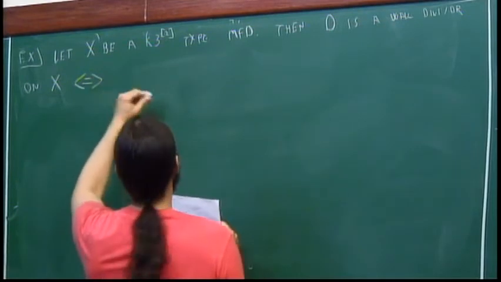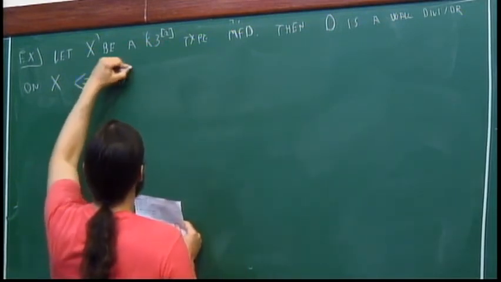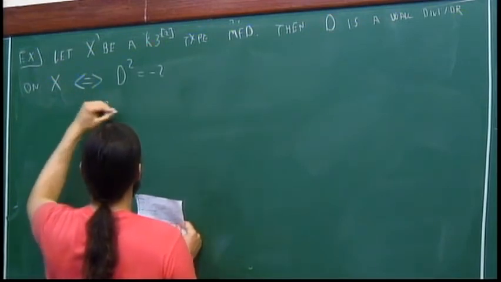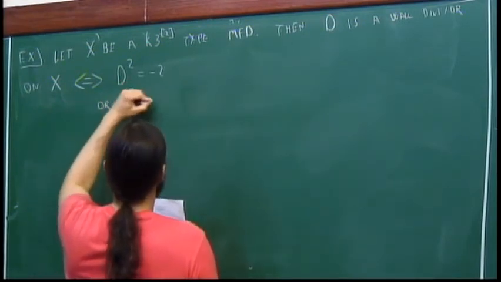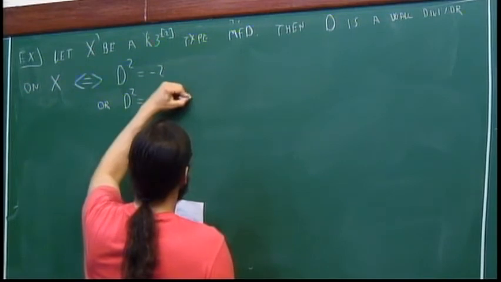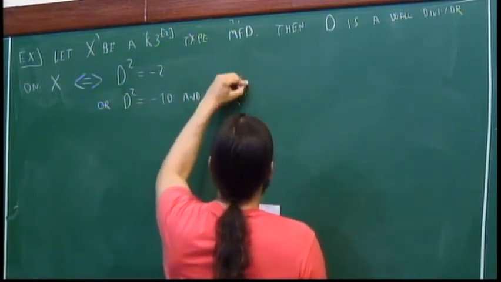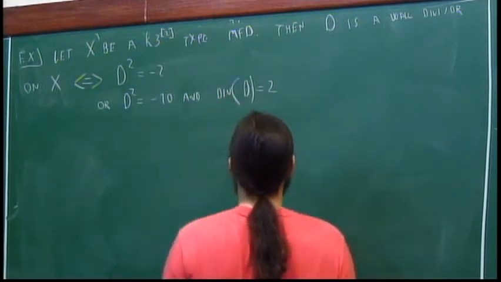if and only if D square is -2 or D square is -10 and the divisibility of D is 2.